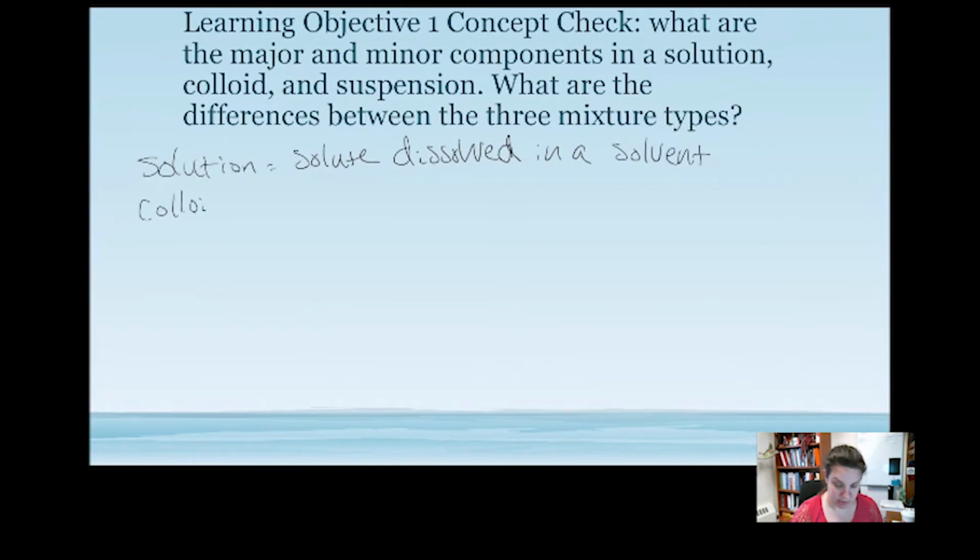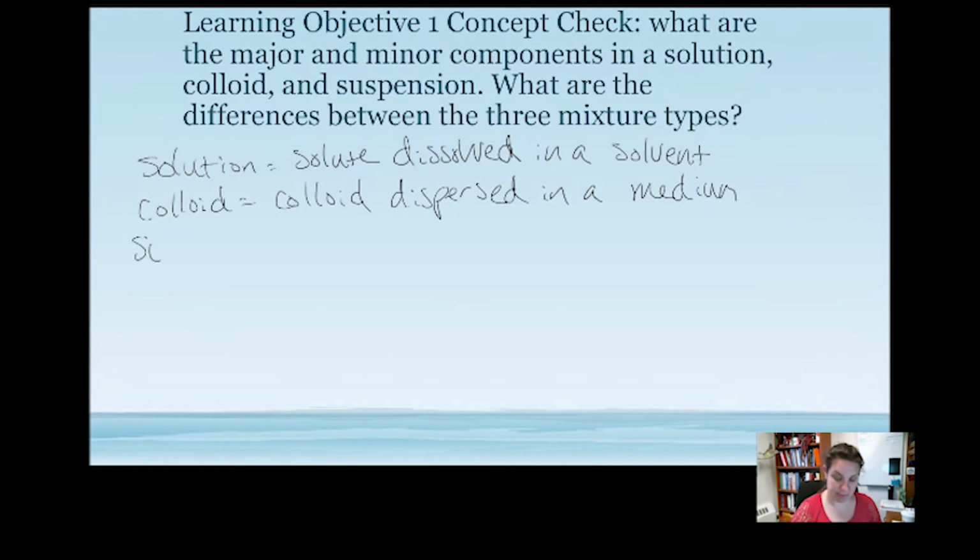With a colloid, we have a colloid dispersed, not dissolved, dispersed in a medium, and it is homogeneously dispersed.